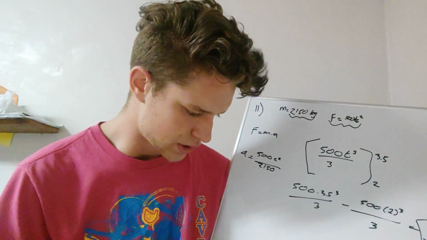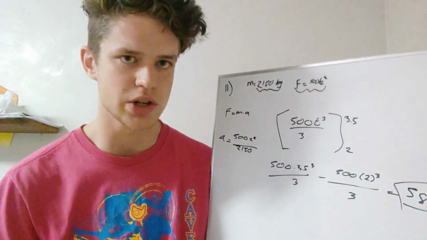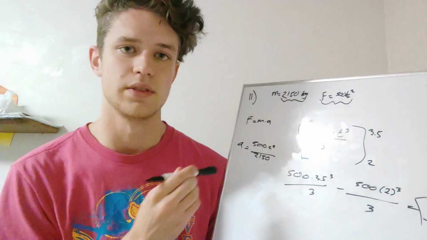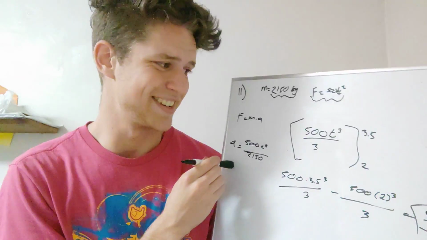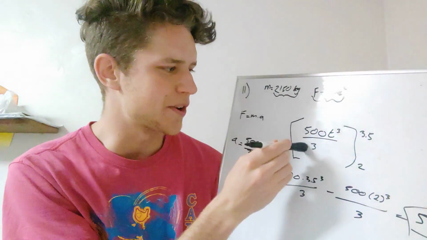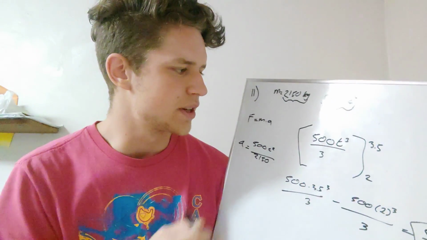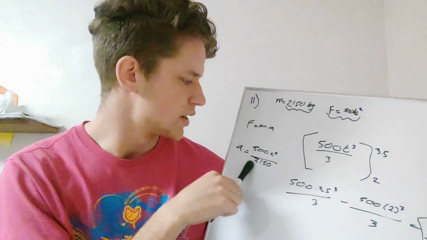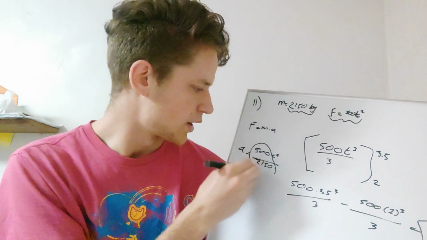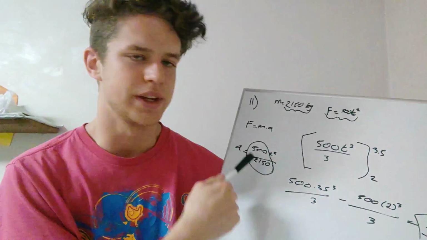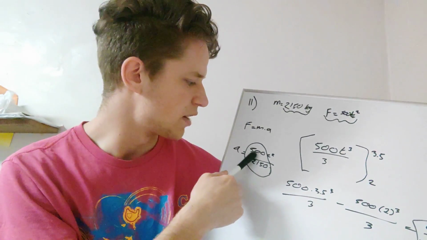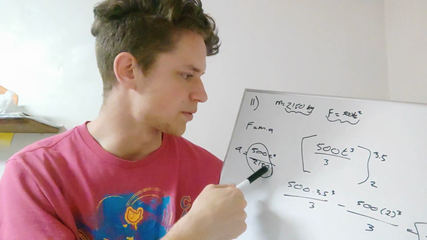And then it's asking for us to find the velocity change during this interval. So the integral of acceleration is velocity. And we basically already have this here. The only difference is the coefficient is different. All of this stuff right here, ignoring the t squared, is just a coefficient. So we can just replace the 500 with 500 over 2150.